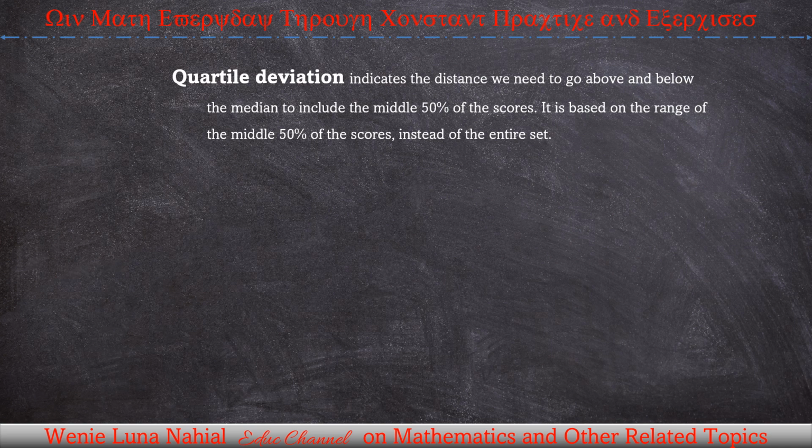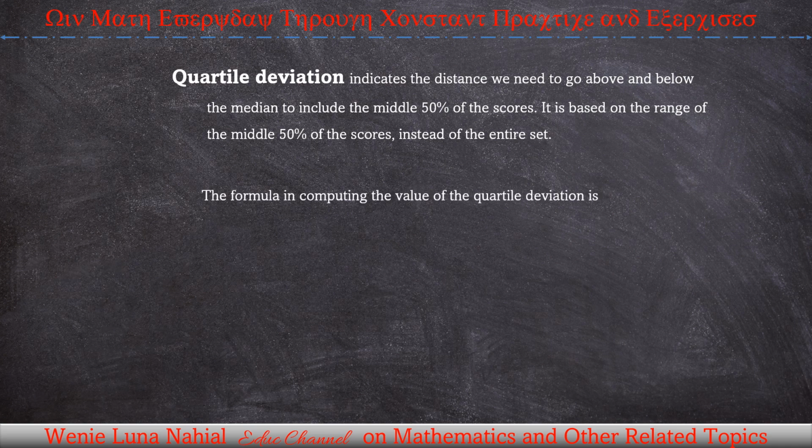It is based on the range of the middle 50% of the scores instead of the entire set. So in this quartile deviation, we only consider the middle 50%. Again, this is the reason that extreme values do not affect the interquartile range or even the quartile deviation.